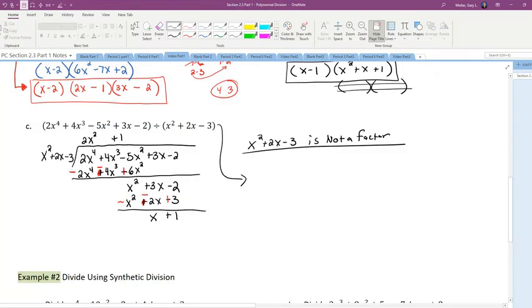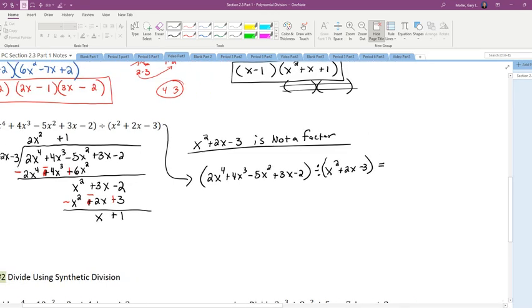So this divided by this is equal to, in fact, I'll just write it all out to be formal, 2x to the 4th plus 4x cubed minus 5x squared, 3x minus 2, divided by x squared plus 2x minus 3 equals 2x squared plus 1 plus our remainder, x plus 1, over what we are dividing by, x squared plus 2x minus 3.